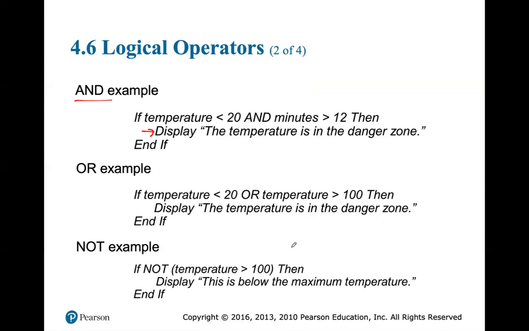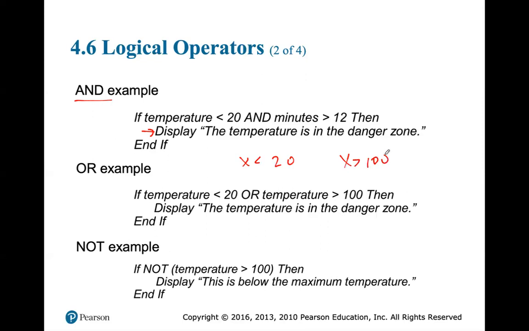Or is again very simple. Or needs only one condition to be true for the whole condition to evaluate to true. In this case, we're checking if our temperature is less than 20 or our temperature is more than 100, then the temperature is in a danger zone. You're checking something outside of the range of numbers, so our x needs to be either less than 20 or greater than 100.